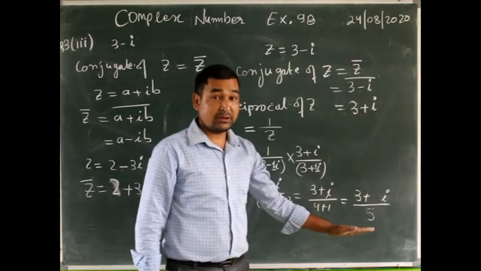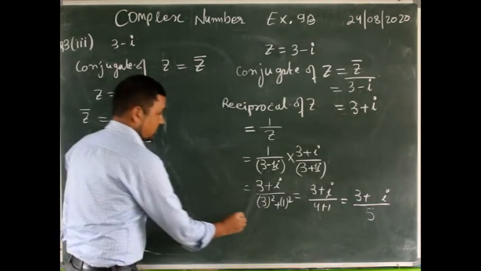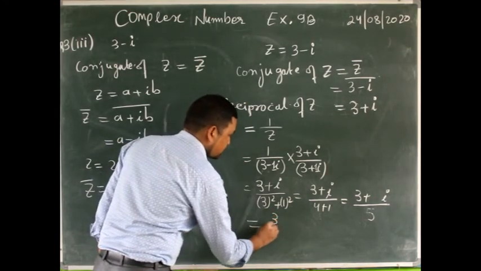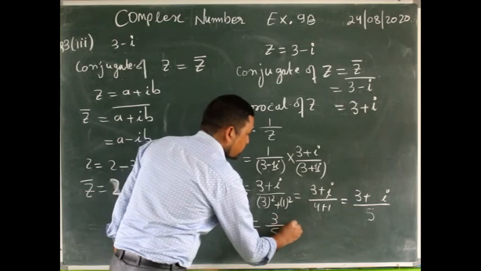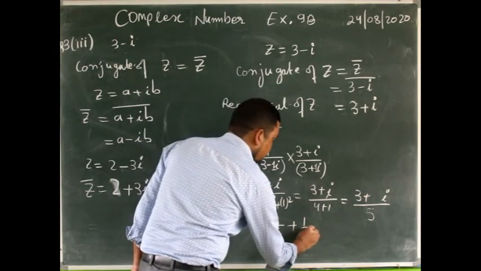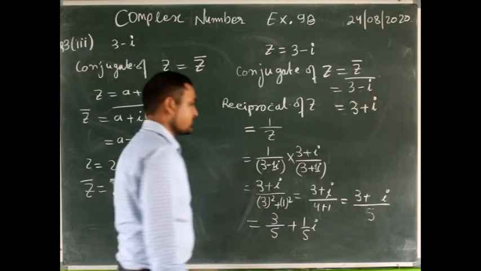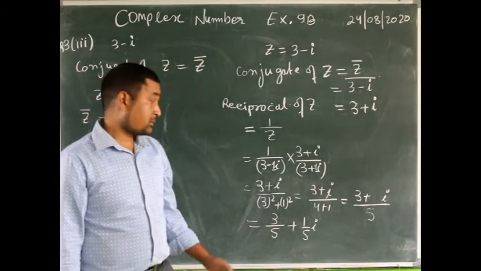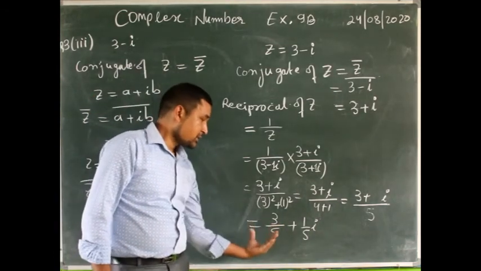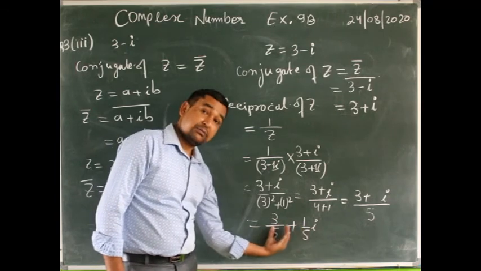Now separate the numerator, then this equals 3 divided by 10 plus 1 divided by 10 i. This way we have to separate the complex number. Why are we separating? Because we have to write the real and imaginary parts separately.